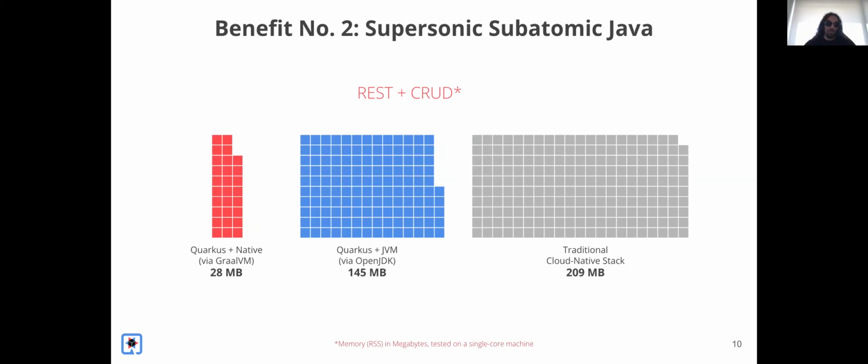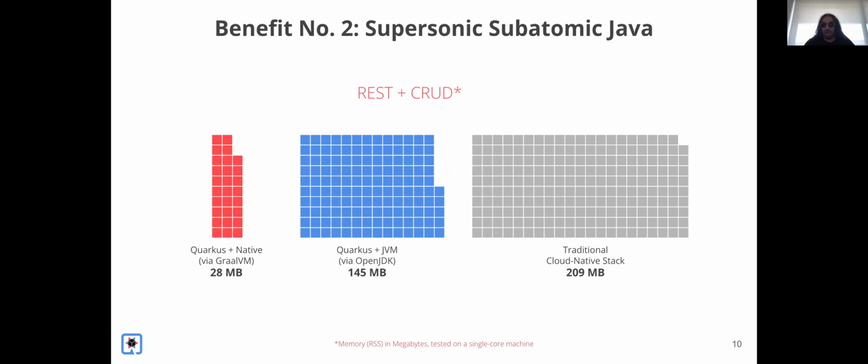Now, picking a more complete example, and here we're talking about a REST endpoint or a few REST endpoints plus a CRUD, so database access, right? Where we're just creating, reading, updating, deleting some records, right? So a traditional cloud-native stack will see like 200 meg.